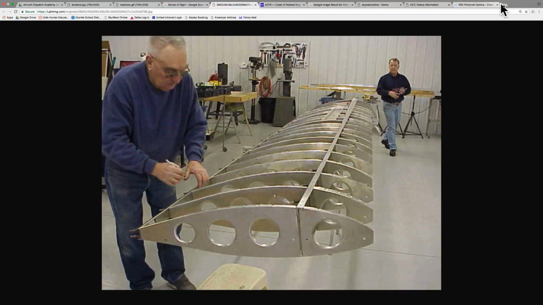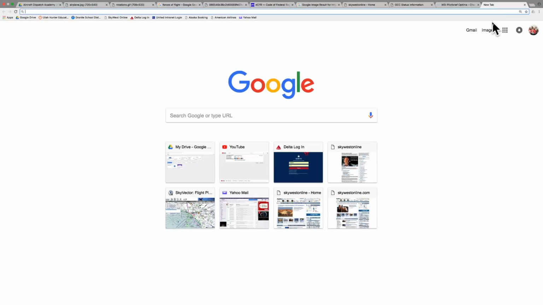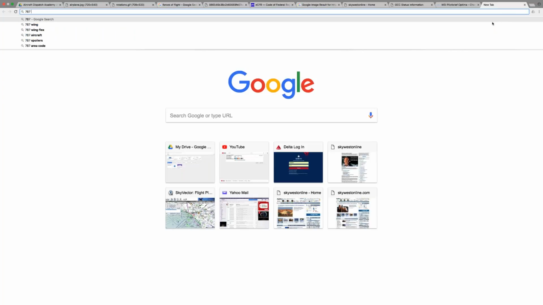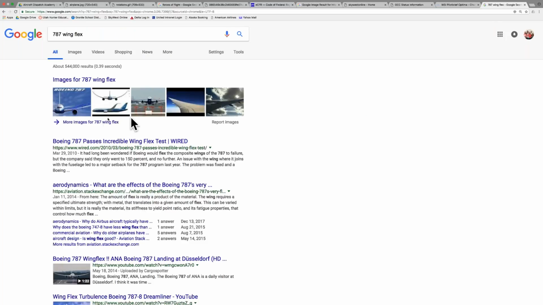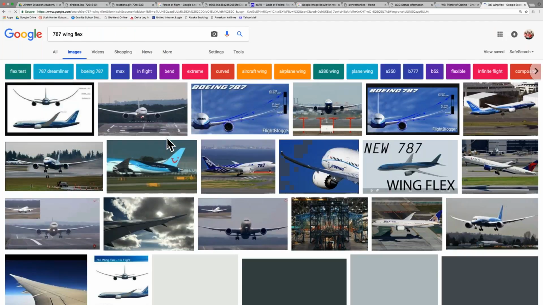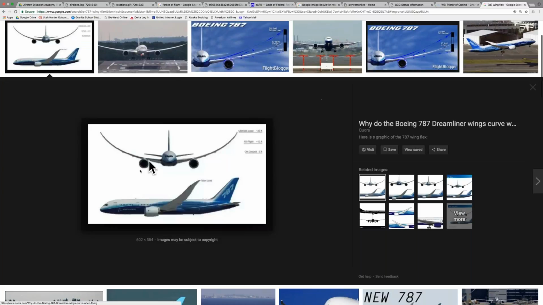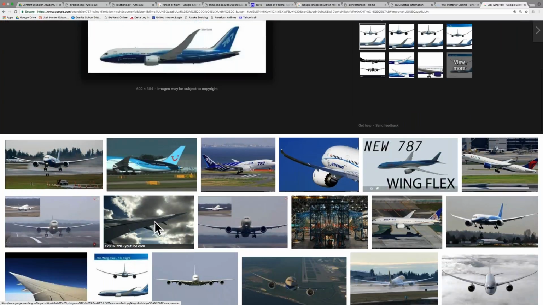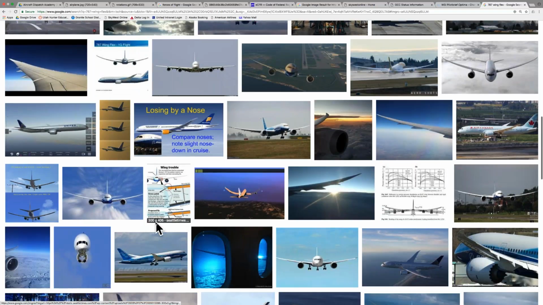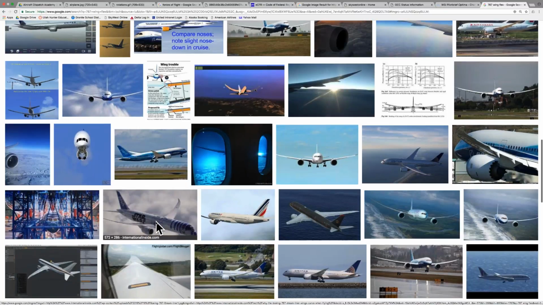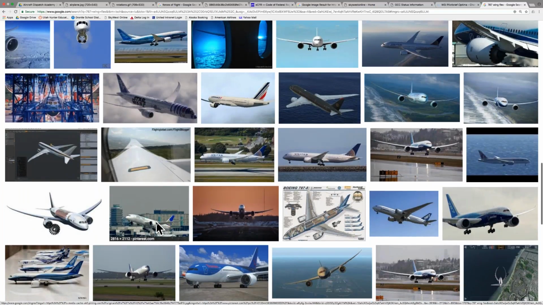In fact, if you look at the new 787 with its wings, you can actually see, so when you look at them, let's see if there's a picture of one on the ground.